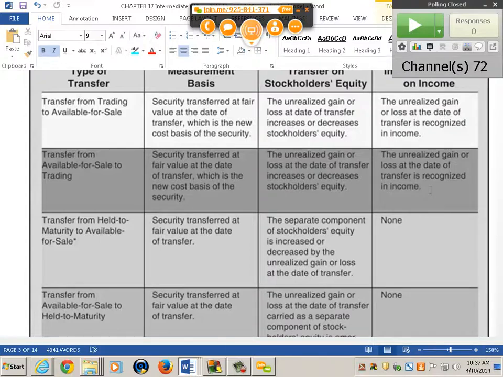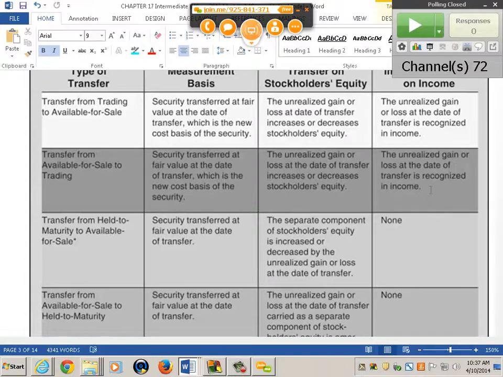If you transfer it from available for sale to trading, it's the same thing. You mark it to market, you take the gain or loss on the income statement, the last column, and it affects stockholders' equity by closing it into retained earnings.